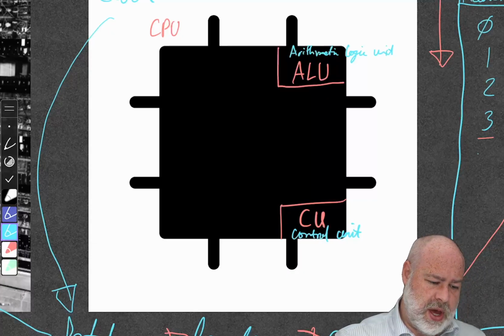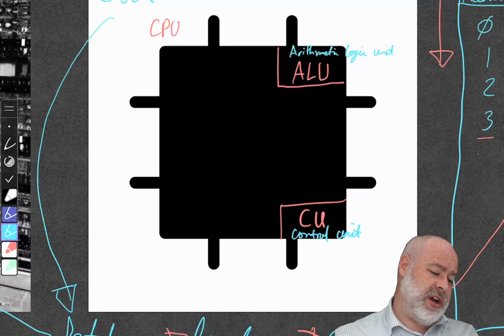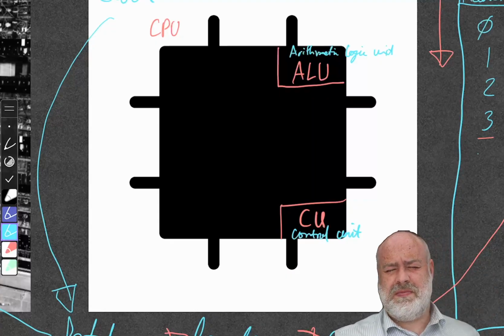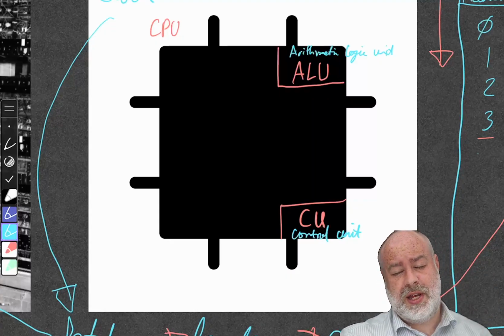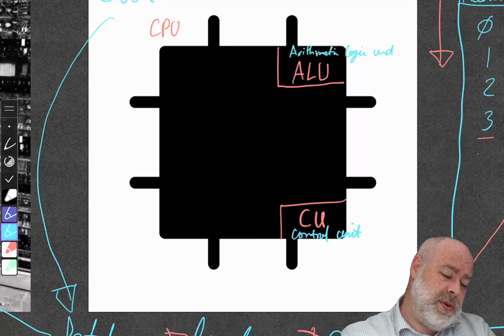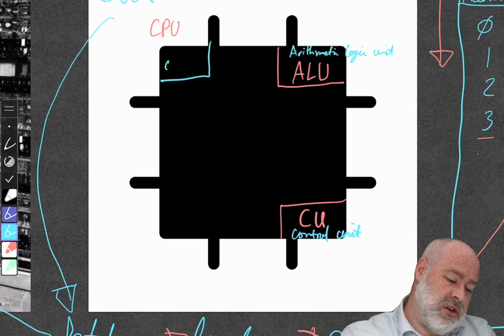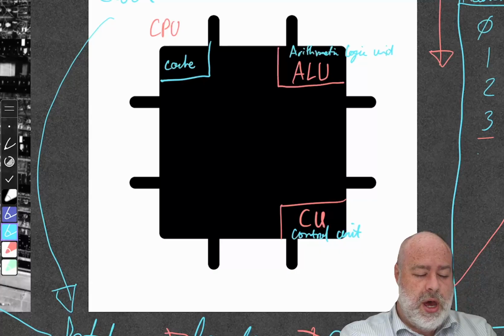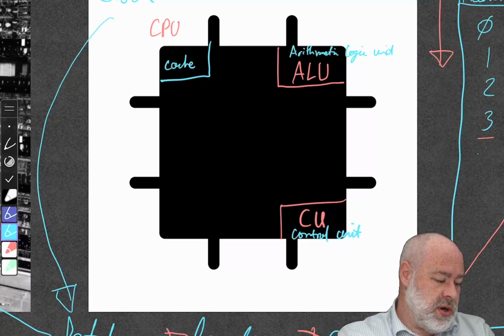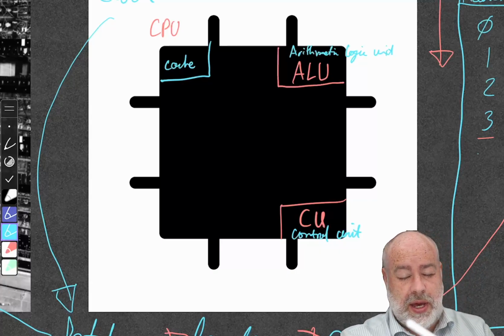So these are essential parts of the CPU, but there are also things called registers, and registers are really fast bits of primary memory that are actually inside the CPU. Now the CPU might have an area for cache, which you won't get asked about in the exam.